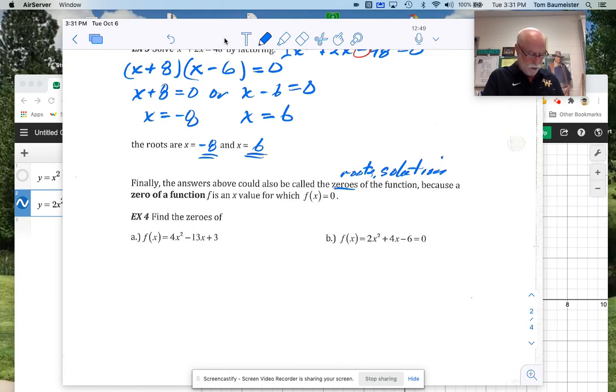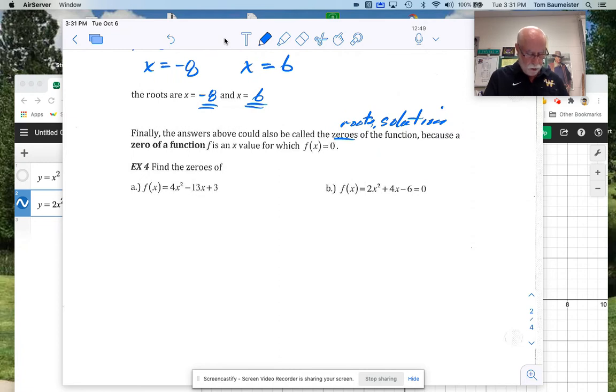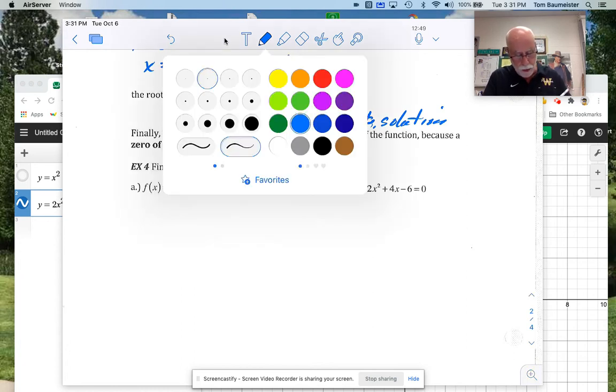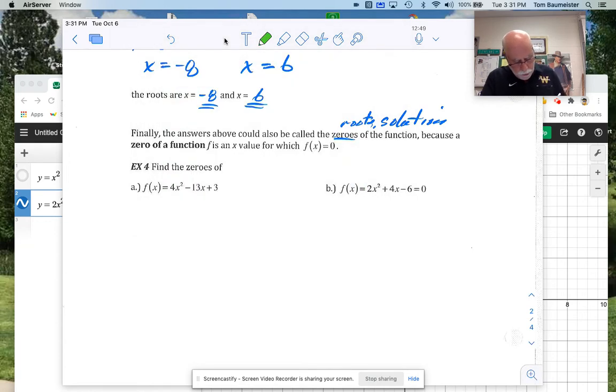Okay? Because a zero of a function f is an x value for which f of x is equal to 0. So, example 4, find the zeros of f of x is equal to 4x squared minus 13x plus 3. So I'm going to show you the diamond and box method. All right, so what I would do here, ladies and gentlemen, is again, I'm going to set it equal to 0.